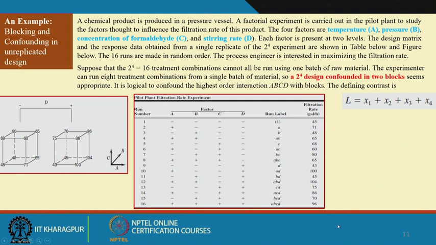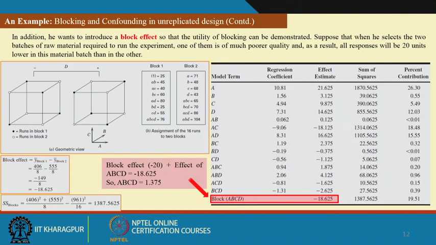These are the values. Now, as we have the restriction with blocks also, so we are using two blocks, and then we are assuming one more important concept: if you run using block 1, or using that batch of raw material, or run with block 2, there will be a difference. What is the difference?